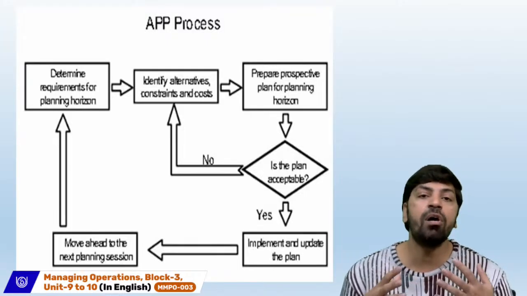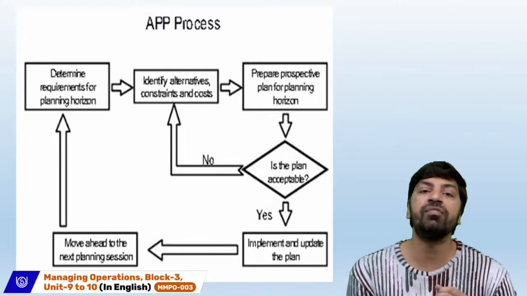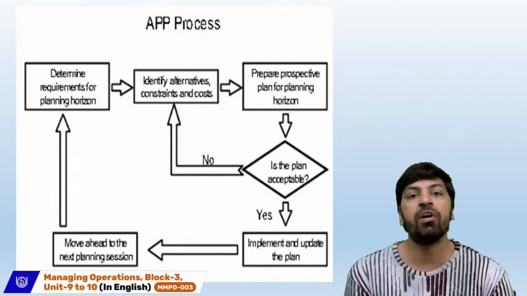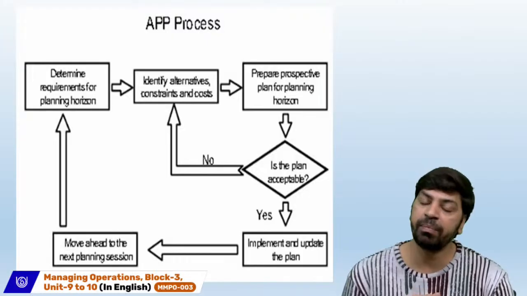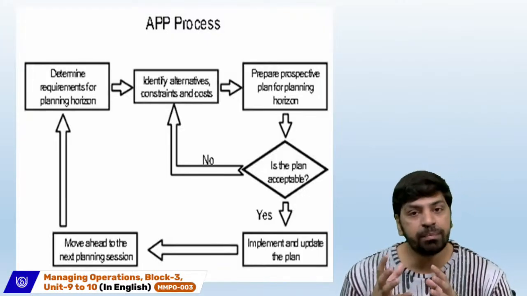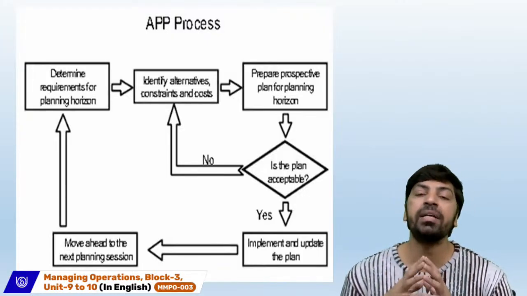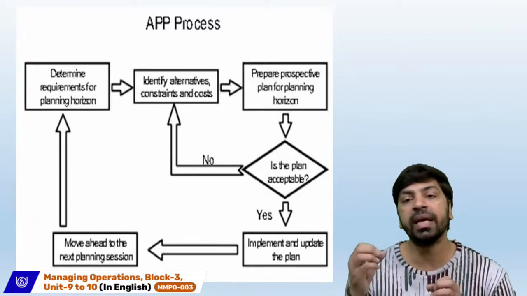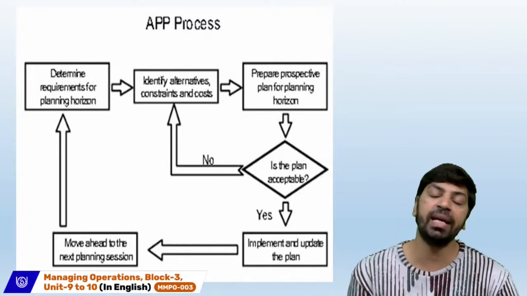And if it's not, then again we have to follow the first step to determine the requirements for the planning process or for the planning schedule that involves a period of 6 to 18 months.